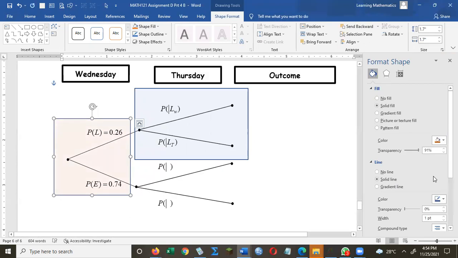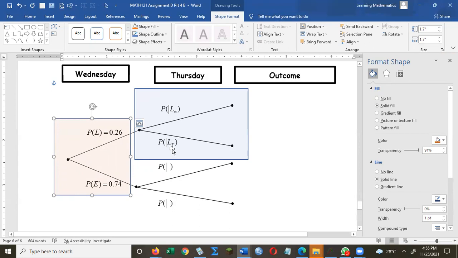So this rectangle, from what you're telling me, is saying the probability, so far, if he arrives late on a Wednesday, or if he arrives late on a Thursday.